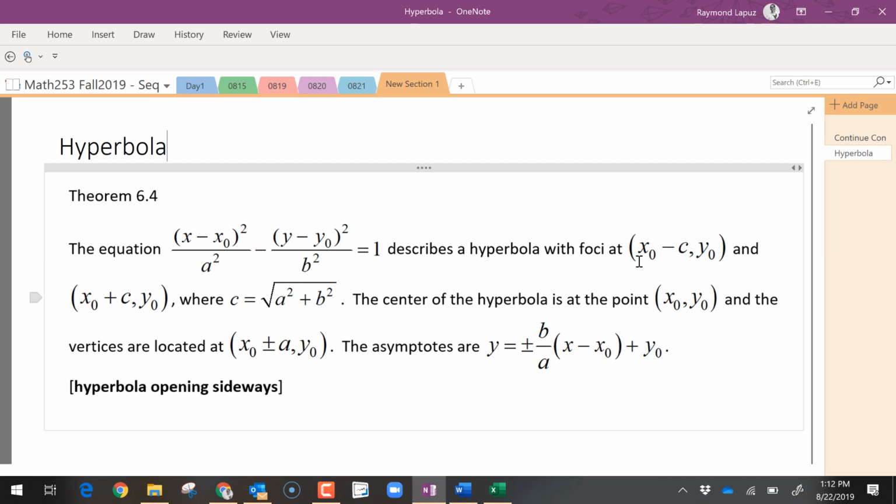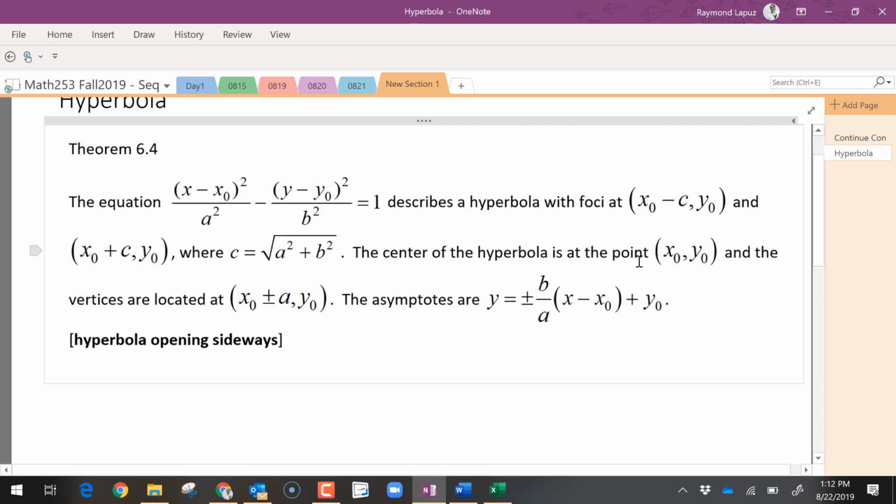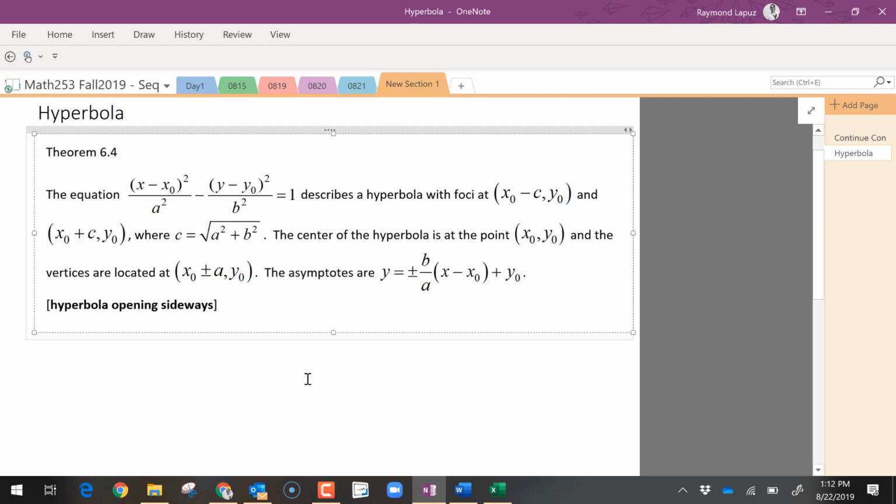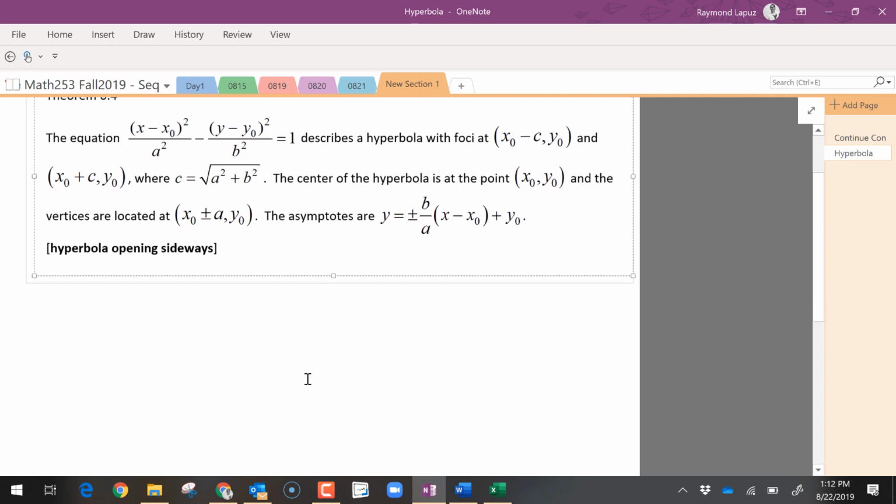We can do this all in general, and then we'll come up with an example. So let me see if I can try to sketch all these components of the hyperbola.